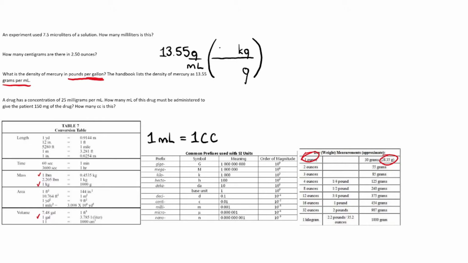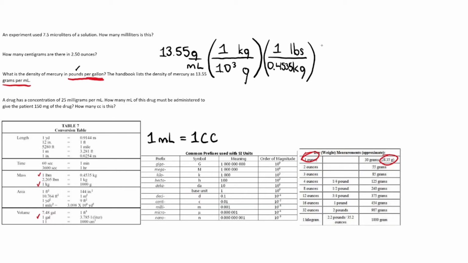So for every 1 kilogram, you have 10 to the third power grams. Now we're in kilograms, we can go from kilograms to pounds. For every 1 pound, we have 0.4535 kilograms. Now we're in pounds. That checks off what it's asking there.